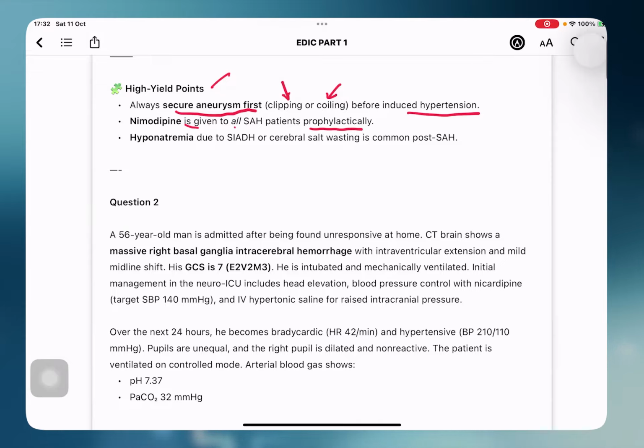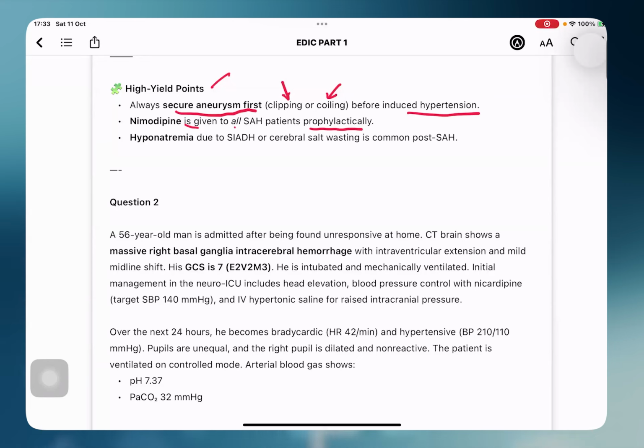Because of his poor GCS, he is intubated, mechanically ventilated, and initial management is head elevation. Blood pressure was controlled with nicardipine to target a systolic blood pressure of 140, and IV hypertonic saline for raised intracranial pressure.